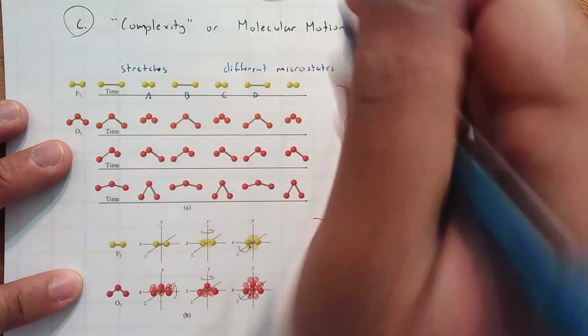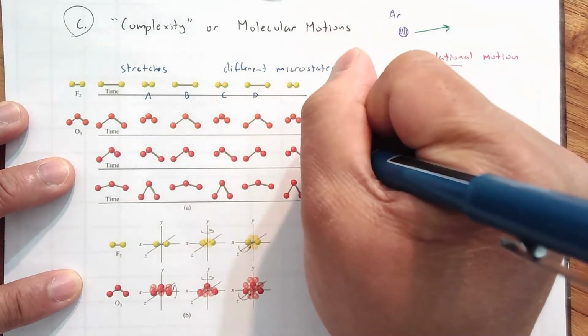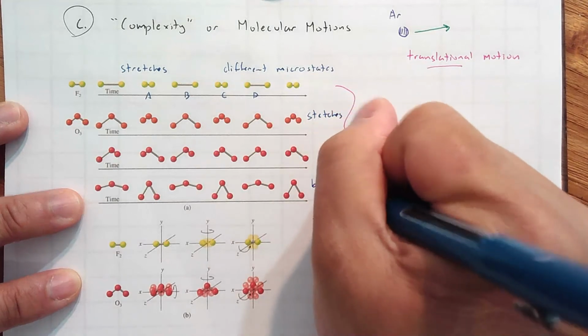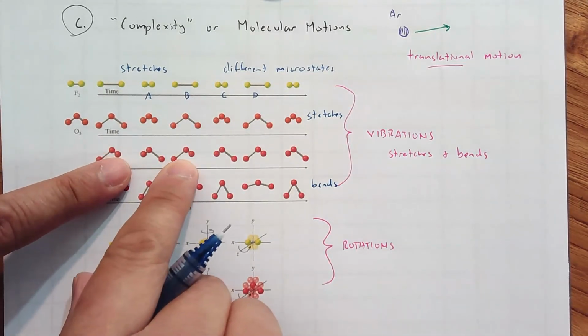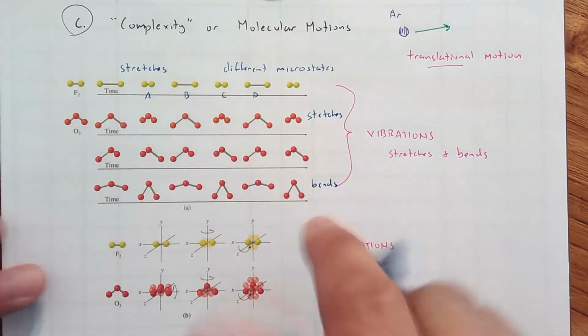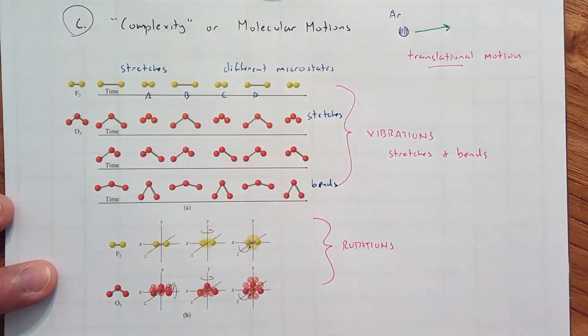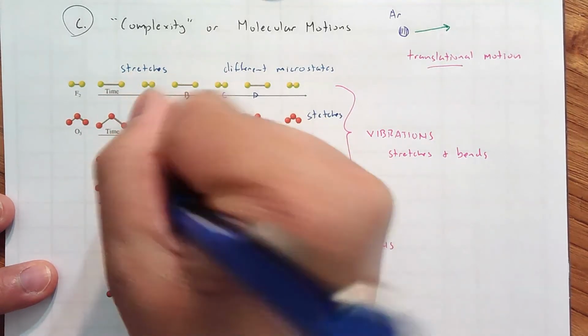So these are stretches for sure. But these, down here, these are bends. This is still a stretch, right? Yeah, it looks like we're just stretching the bonds. But these are bends. Literally, for instance, we're pushing outward like scissors.